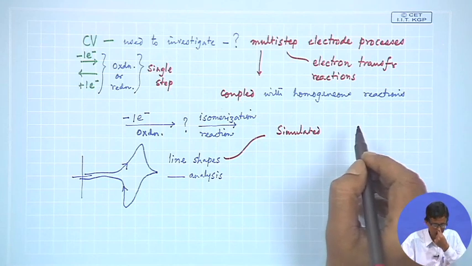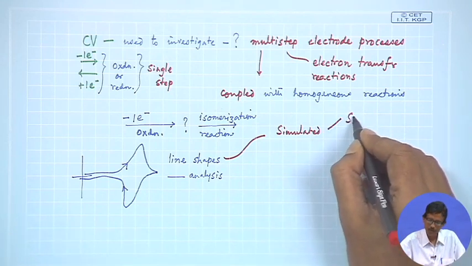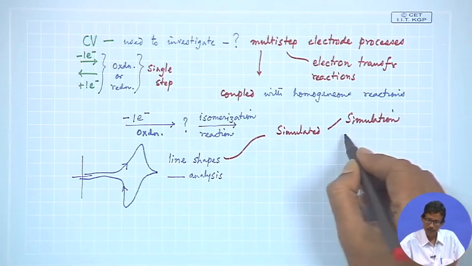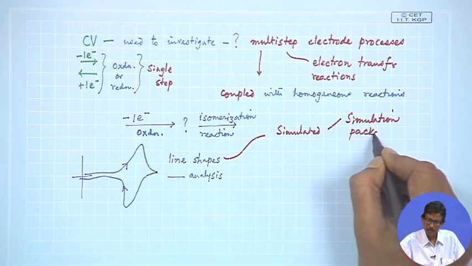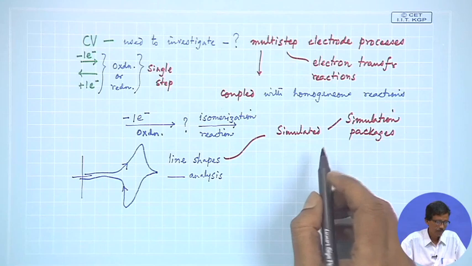What we can do is that these line shapes we achieve experimentally can be simulated, and commercially available simulation packages are now available which we can use for that.